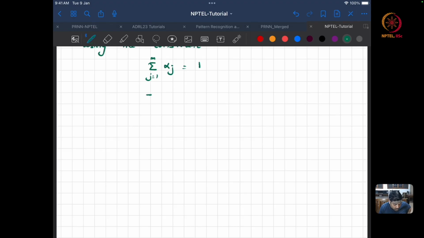Now this will be the sum over j equals 1 to m of the alpha j's minus 1, over lambda, with i equals 1 to n. Now I can interchange the order of the summations.